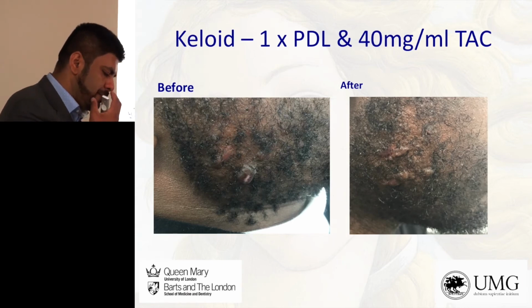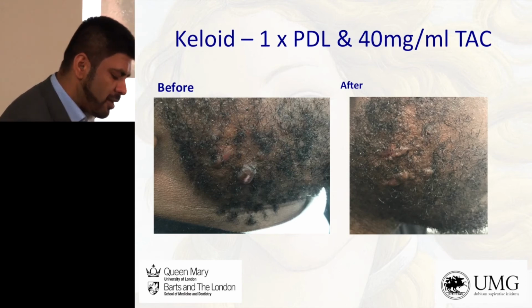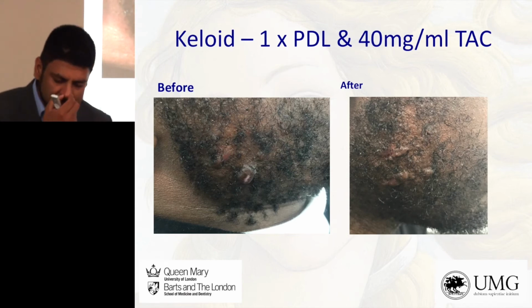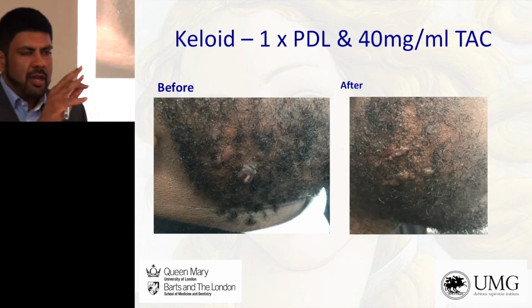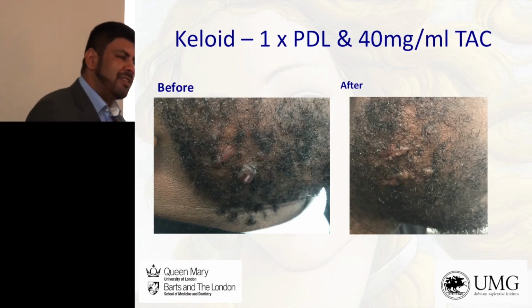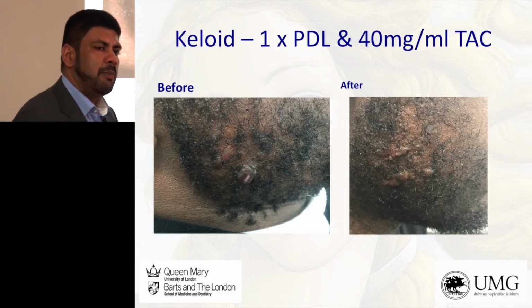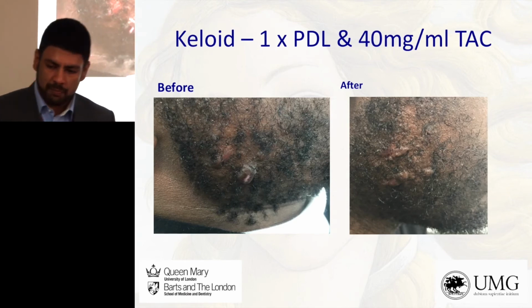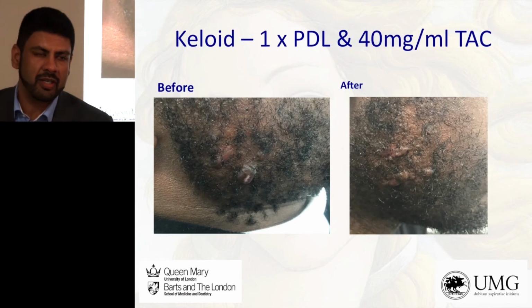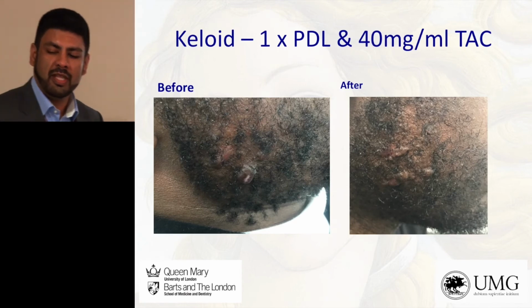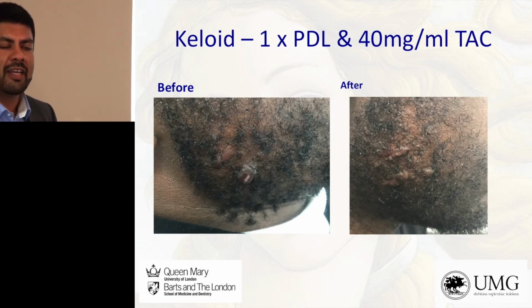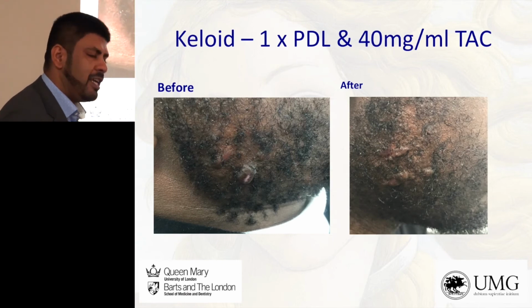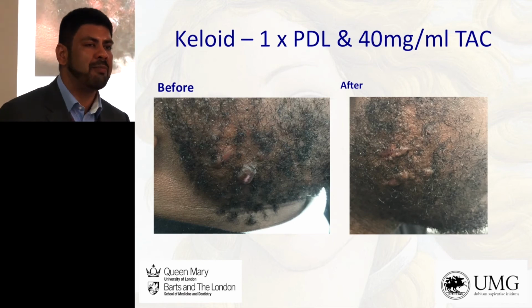Now, the thing is, I completely take on board what Yannis is saying about injection into the deeper part, but I don't know how many of you have injected keloids here. Injecting keloids is not easy, because if you're just purely injecting a keloid with steroid, if you try and go deep within that keloid, very often you're putting a bit of pressure into that syringe and you're using quite a high extrusion force, because the keloid is just very, very tough fibrous tissue.